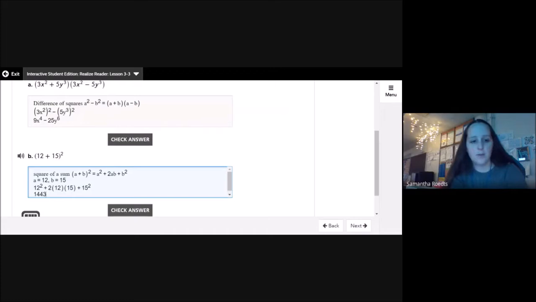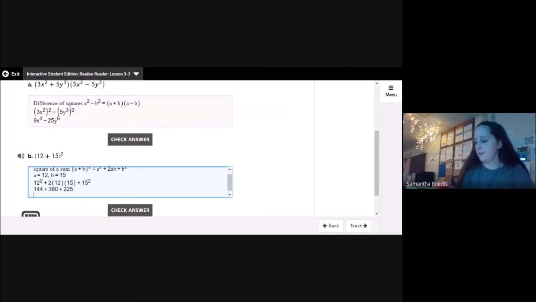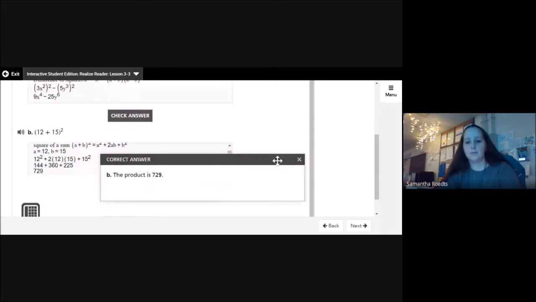So 144 plus 360 plus 225. When I add all of those together, I get 729. This, of course, is not the only way that you can solve (12 plus 15) squared. You can add them together and then square that number. You'll still get 729.